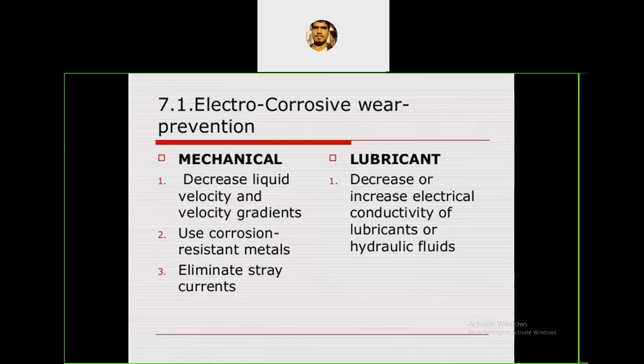If it is electrically conductive, it will destroy the surfaces. If it is non-conductive, it won't react with the current and it won't dissolve the element. So you have to decrease the electric conductivity of the liquid. Clear?